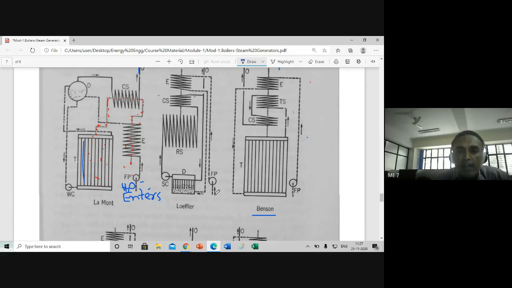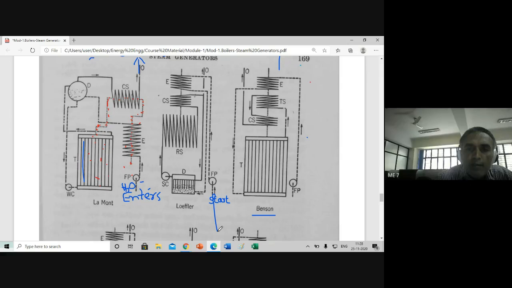Again, you start from here. So water enters here through the feed pump, and the water is coming like this, and it is flowing to the economizer.